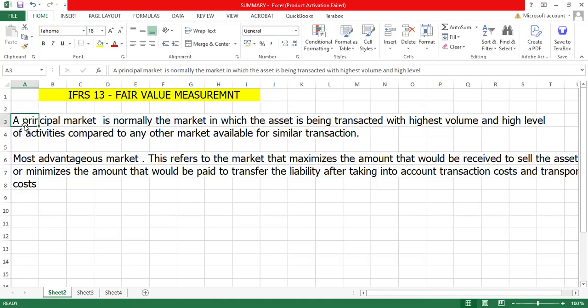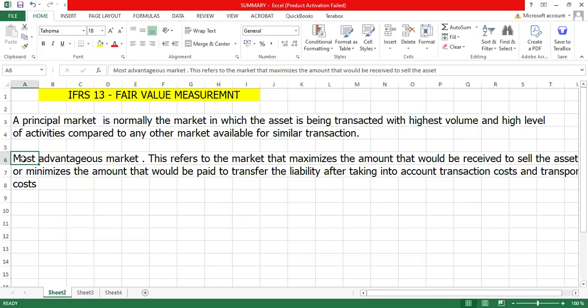But in a situation where you cannot tell the market in which the asset is being transacted with highest volume, then we just look at the benefit. If you sell your asset, in which market can you benefit more? In that market where you benefit more, you will ask yourself, if you transact in that market, what will be your transaction costs?